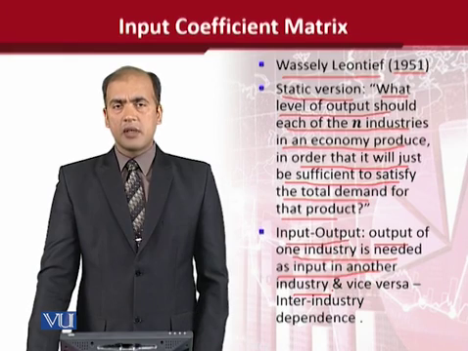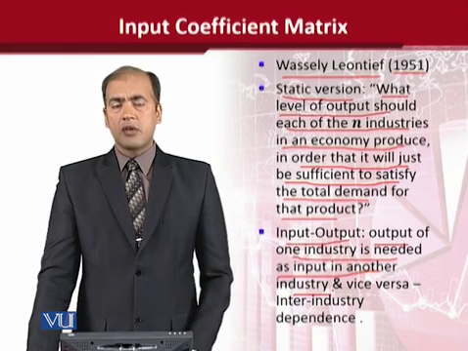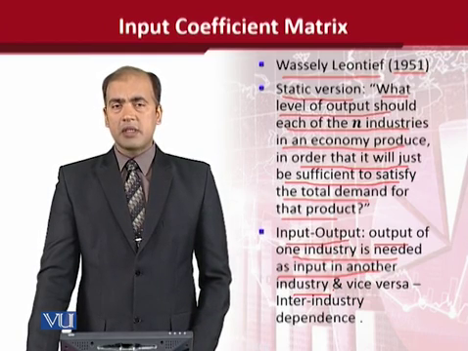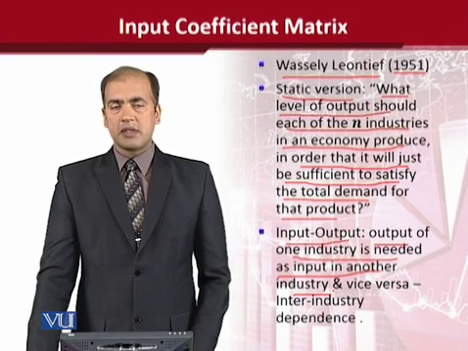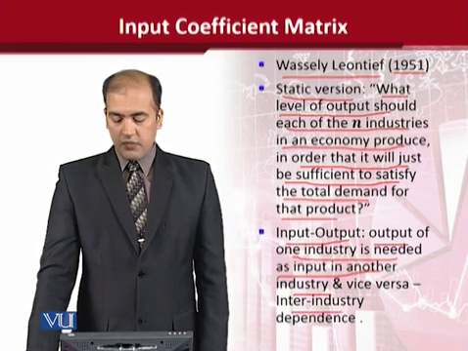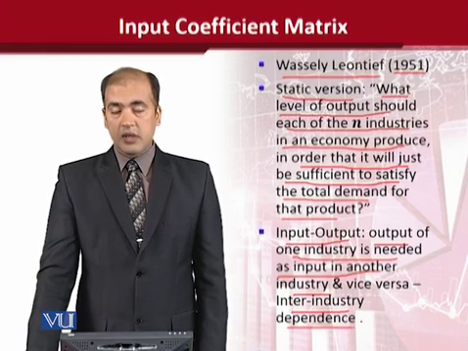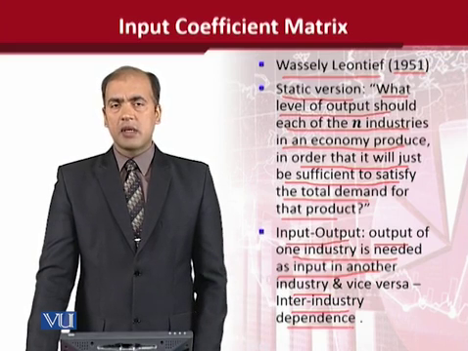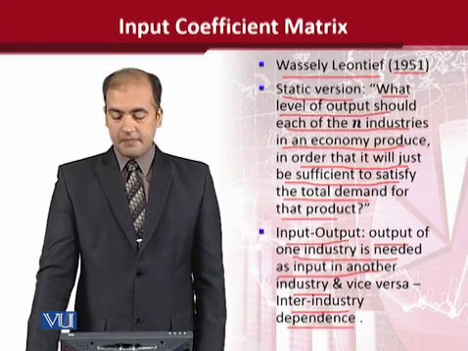For example, the agricultural production of agricultural firms is used as the input in the agro-based industries. Therefore, there are connections between industries that we shall try to address in this technique. Now, this in one phrase can be termed as inter-industry dependence, because it is a matter of dependence between industries, which is dealt with in this case.